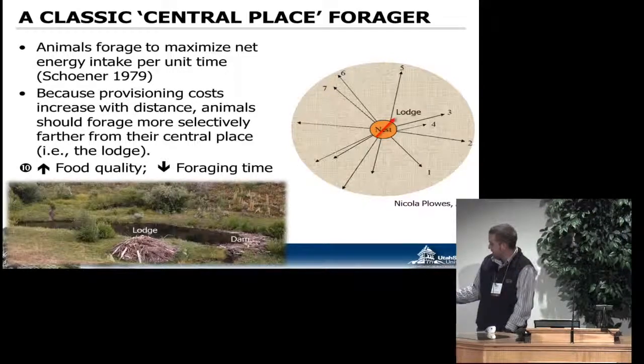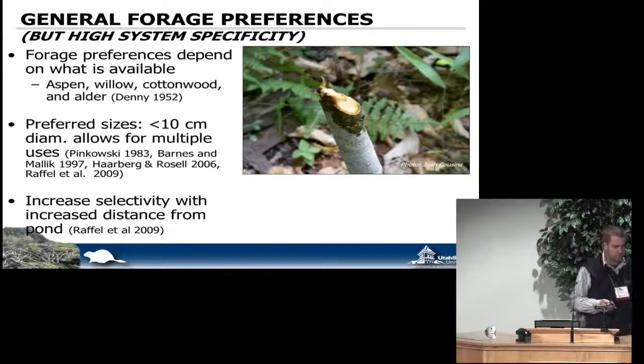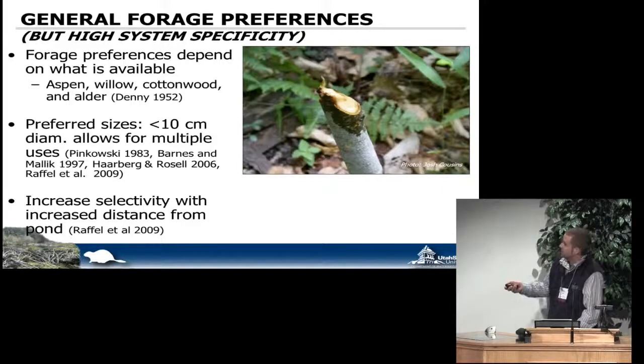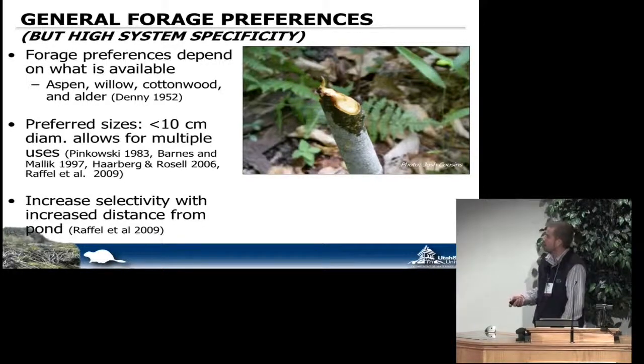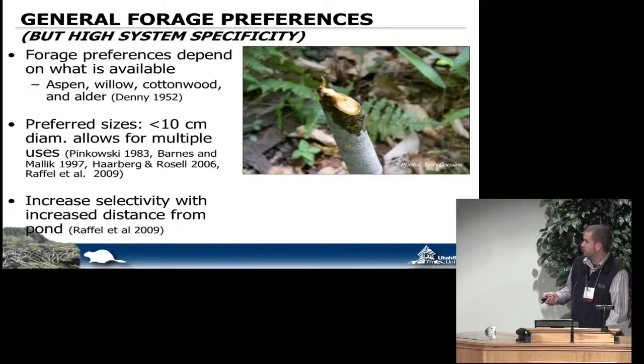But they do have preferences in terms of the type of woody vegetation that they go after. Aspen is up there if it's available, but they don't need it necessarily. They like a lot of other riparian species like willow and cottonwood and alder. And then they do show preference for certain size classes of material.